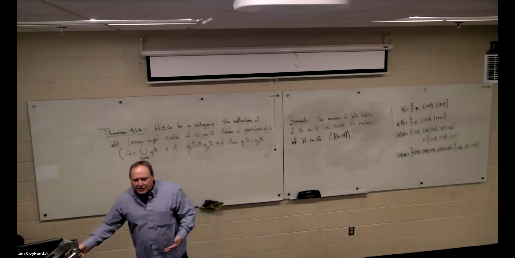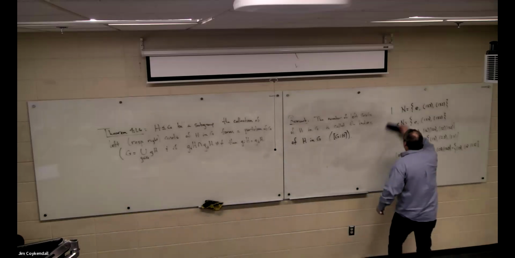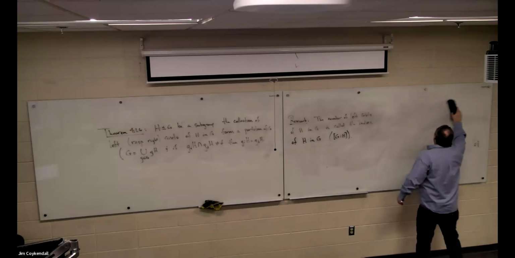This is the number of left cosets of the group H in G. If G is a finite group, then the index is always finite.